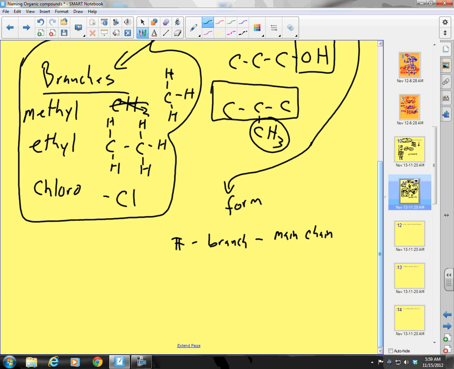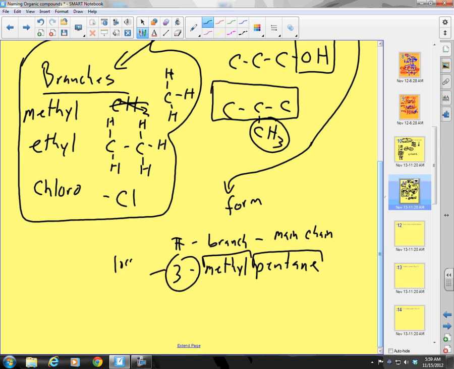So something like 3-methylpentane. The pentane represents the main chain. The methyl represents the branch. And the 3 tells me the location of the branch.